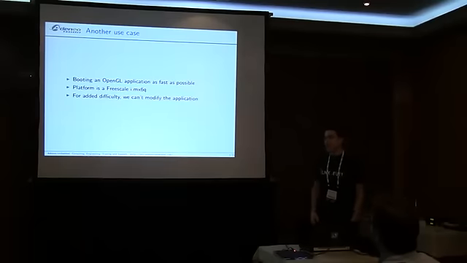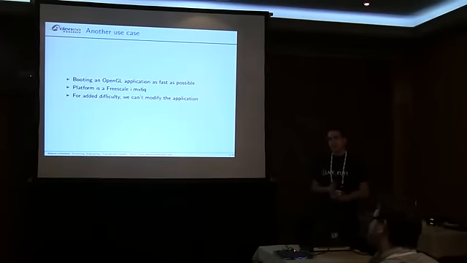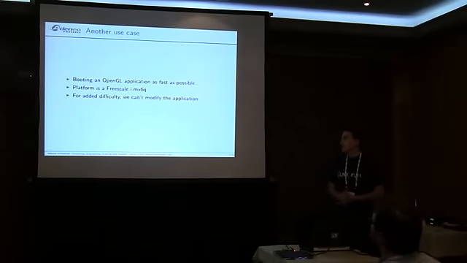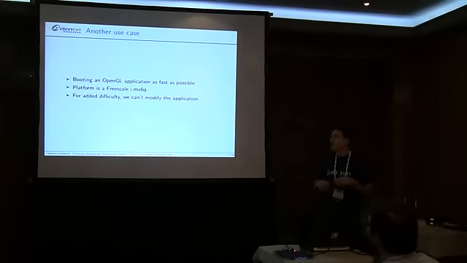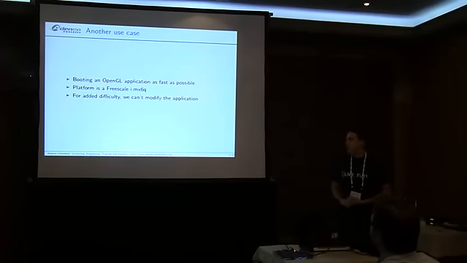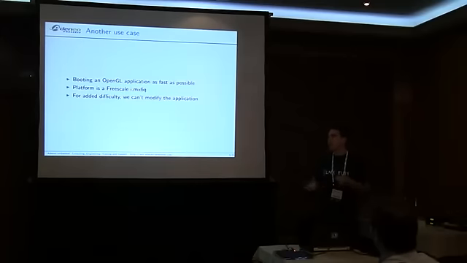We had another use case, more for fun. We wanted to boot the full Linux with OpenGL and OpenGL acceleration as fast as possible, while still keeping a real use case.